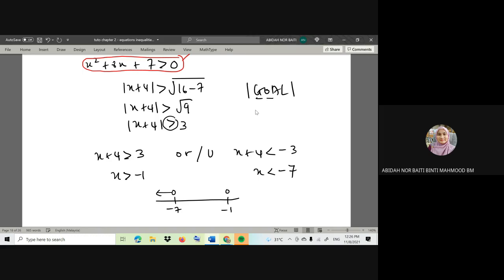Empty circle from negative 1 to the right. Ikut je arrow ni ya, nampak arah dia ni. Ikut saja arah dia ni. Tapi dengan syarat x di belah kiri kita ya. X tu di belah kiri. Okay, and then all union, we shaded all. Mana yang nampak line kamu tu? Therefore, your final answer is negative infinity, negative 7, union, negative 1, and positive infinity.